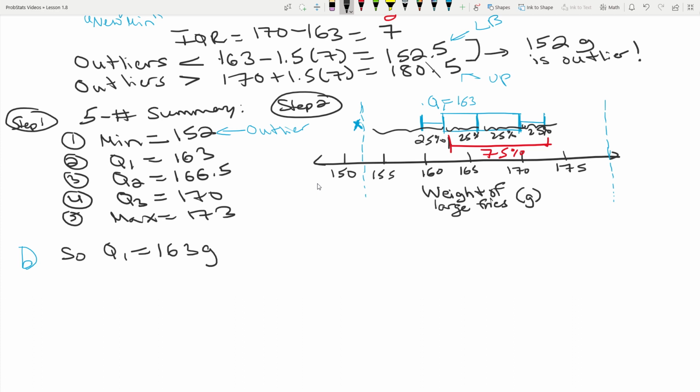So this means that only the outlier and the one other order, which is 159 grams, weighed less than 160 grams. So 75% of orders were larger than 163 grams.